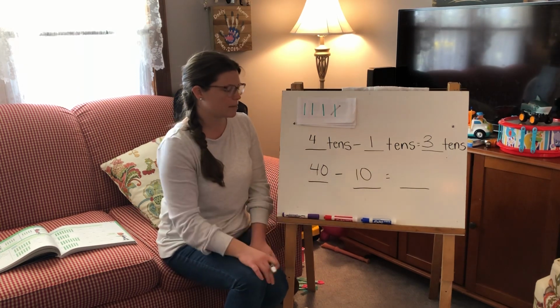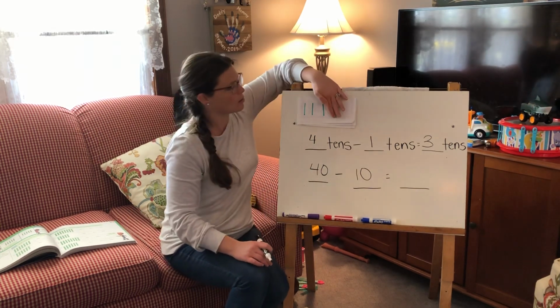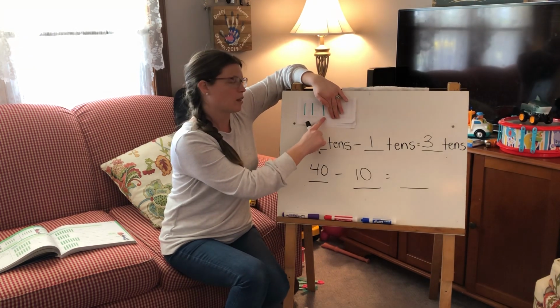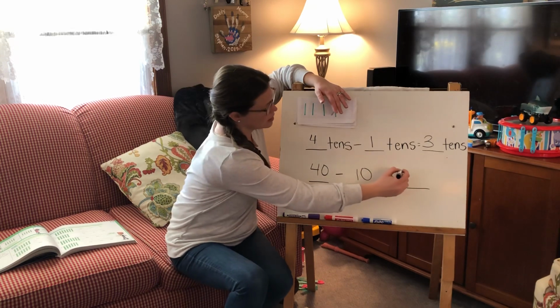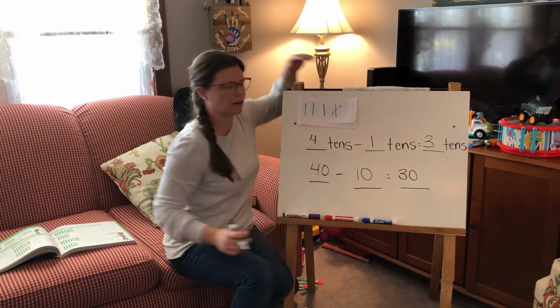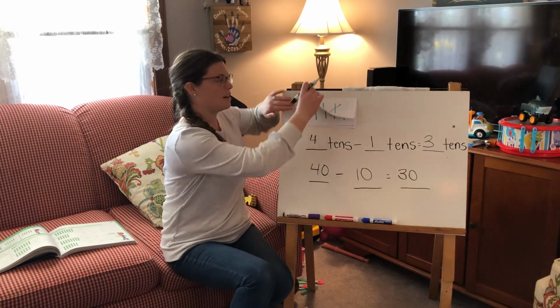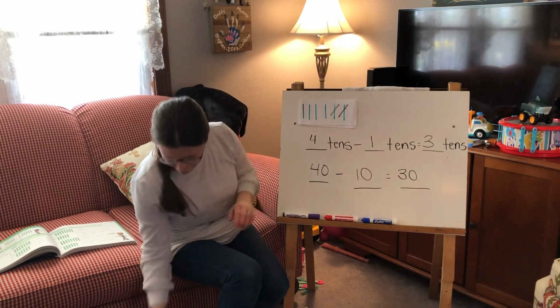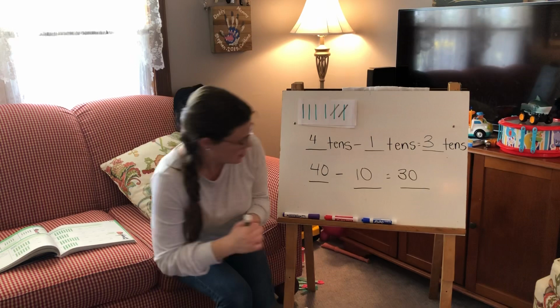And 40 minus 10, so let's count what's left over. Ready? 10, 20, 30. And we'll go ahead and put that on the line. I have another problem now that we're going to do. Let me erase.